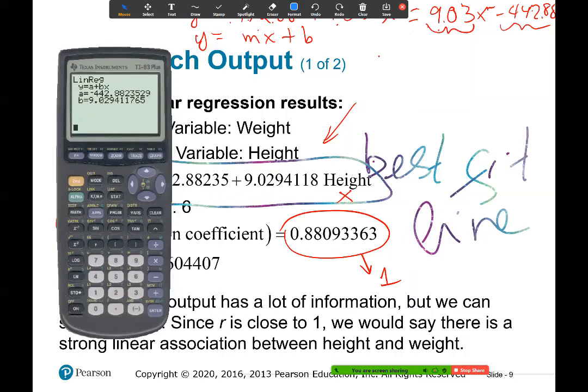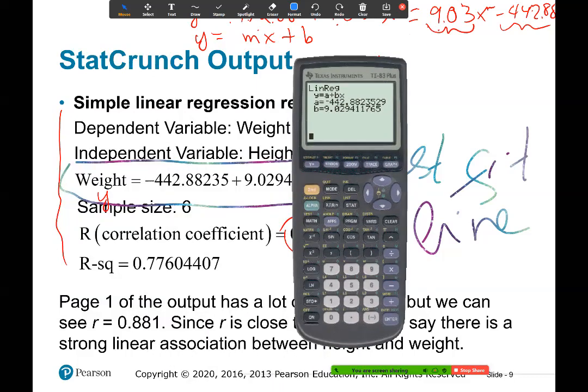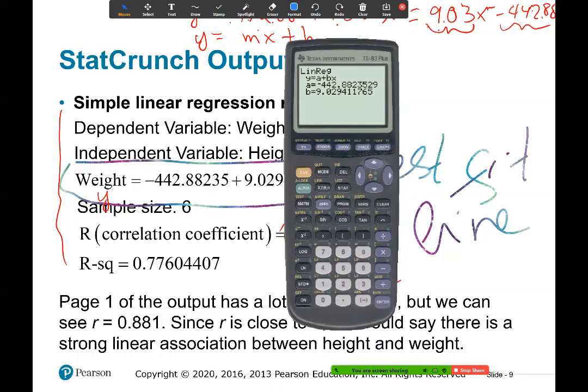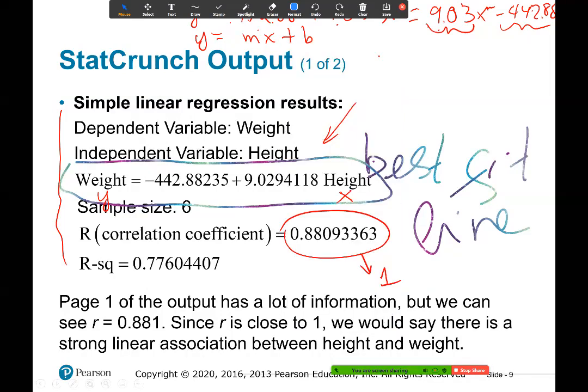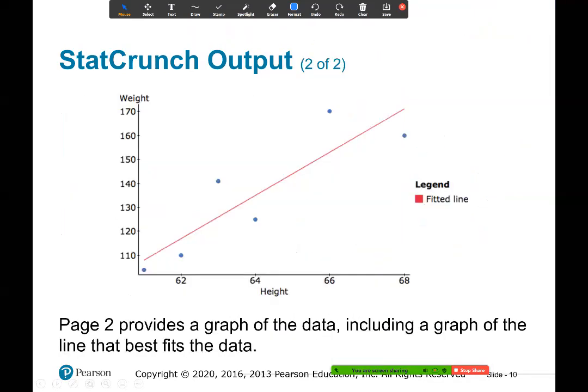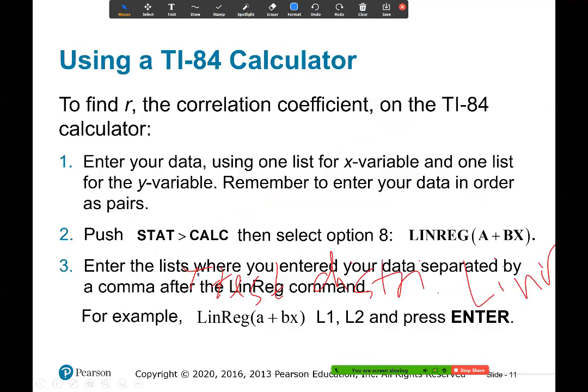Same. So that just shows you how to find the linear regression line on the TI-84.